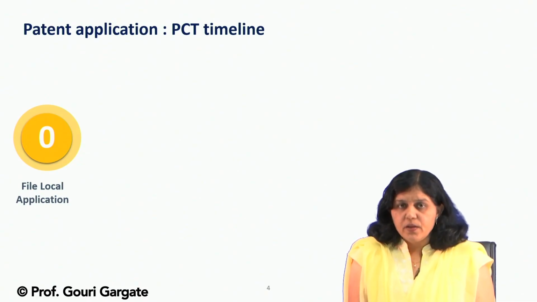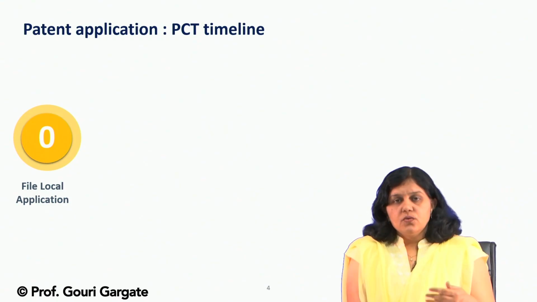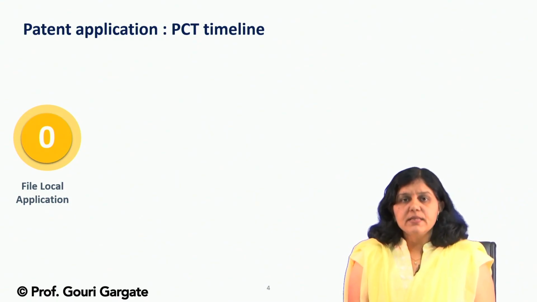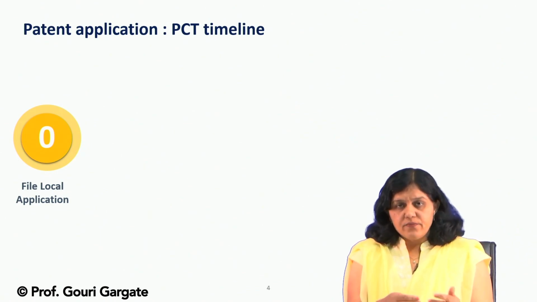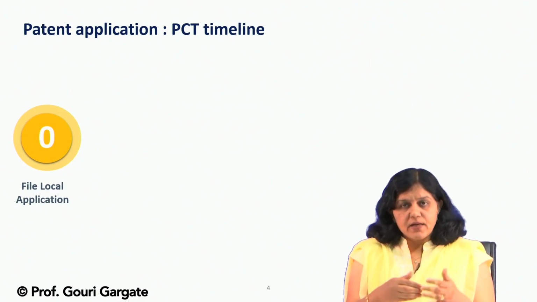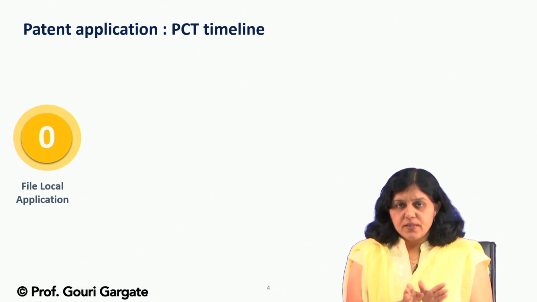What is WIPO? World Intellectual Property Organization. WIPO is facilitating this PCT system for filing the patent. By this route, by one application, you are able to do the applications in many countries.